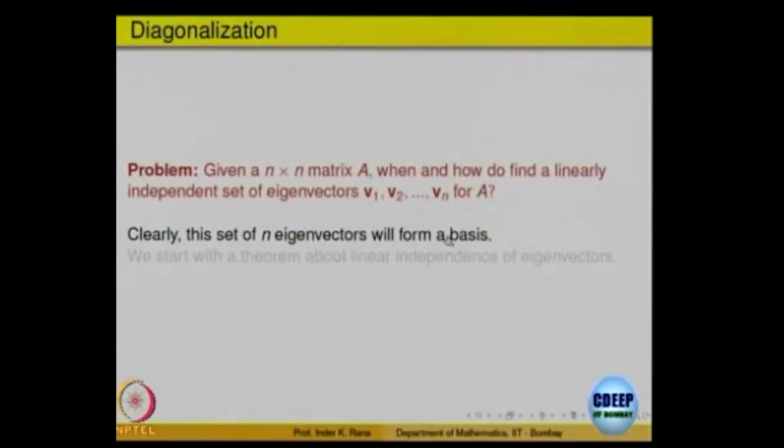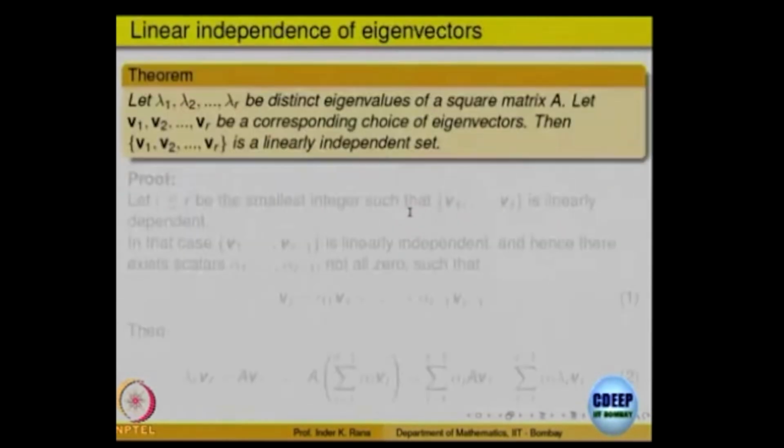If not, you can't help it, it is not diagonalizable. So basically these n eigenvectors will form a basis, because the matrix is n cross n. Saying that the matrix is diagonalizable is equivalent to finding n linearly independent eigenvectors for that matrix. And finding eigenvectors means first you have to find the eigenvalues anyway. So that is the problem we want to tackle.